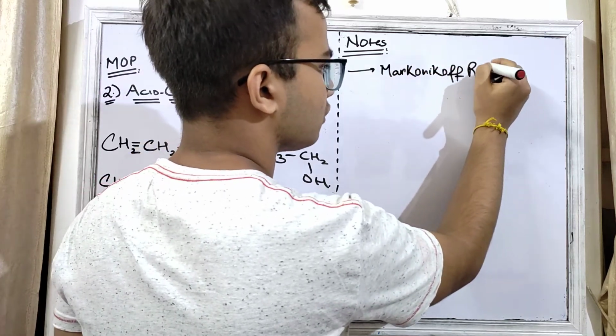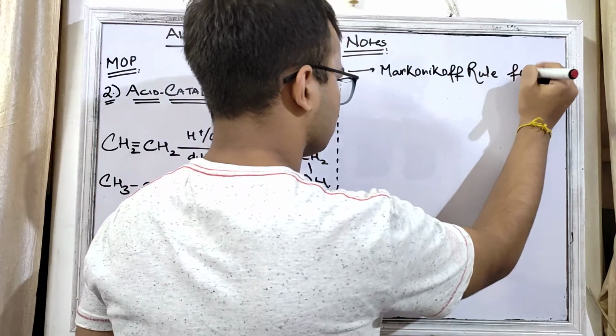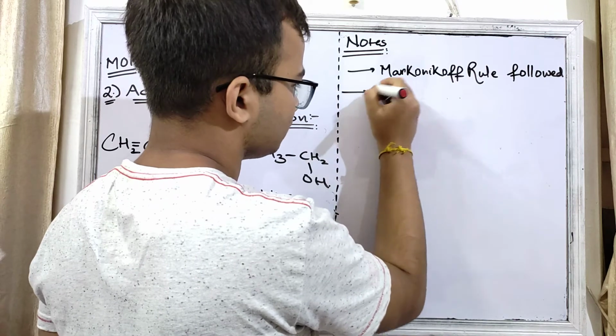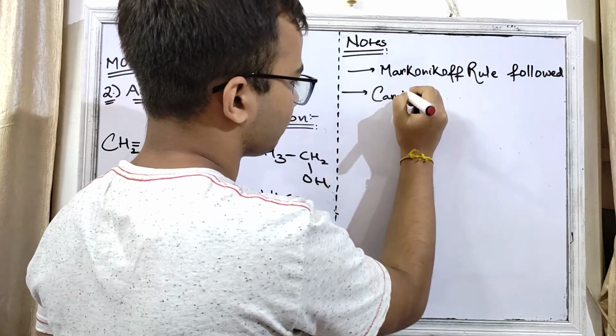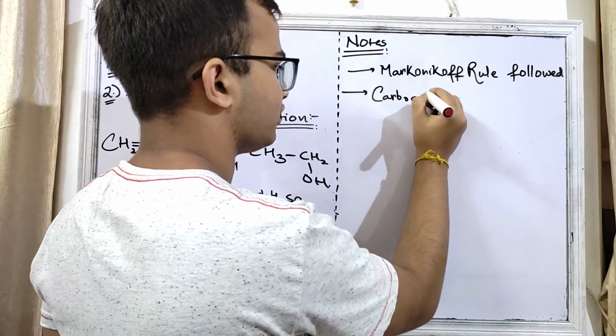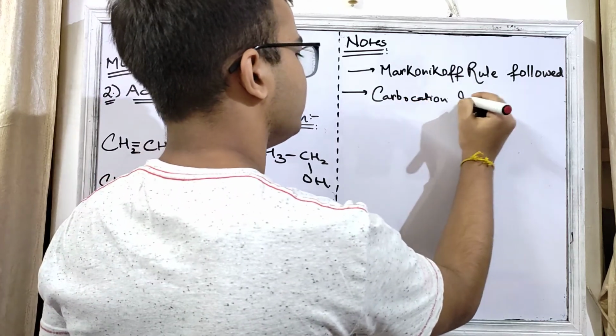The second point is there is production of carbocation intermediate.